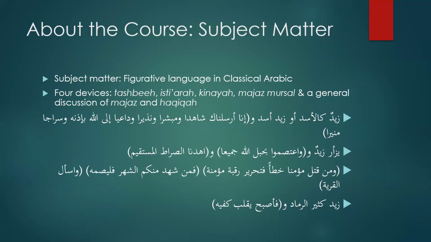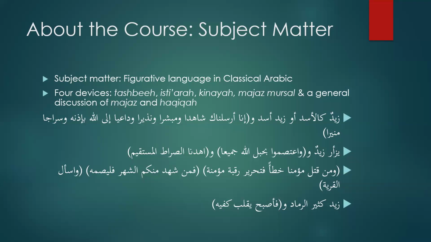Rather, it is a relationship of contiguity. The relationship of the uttered words to the intended meaning in majaz mursal is one of them occupying the same space or the same domain under some different condition, right?